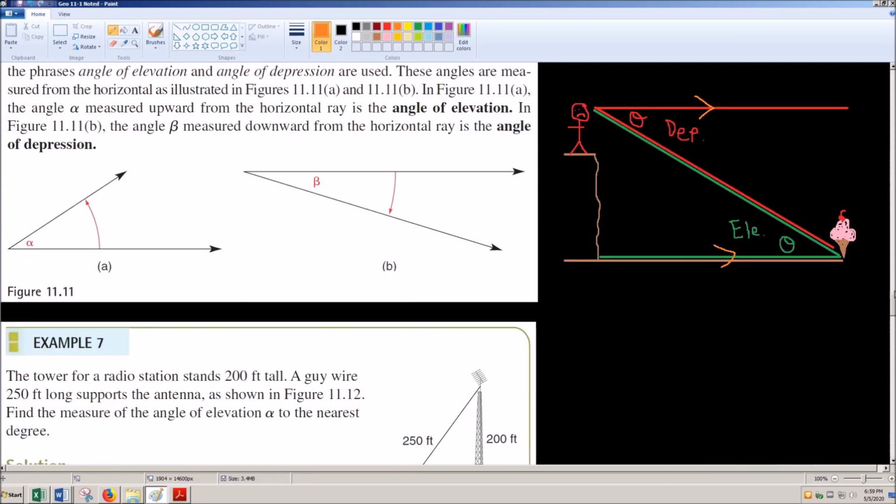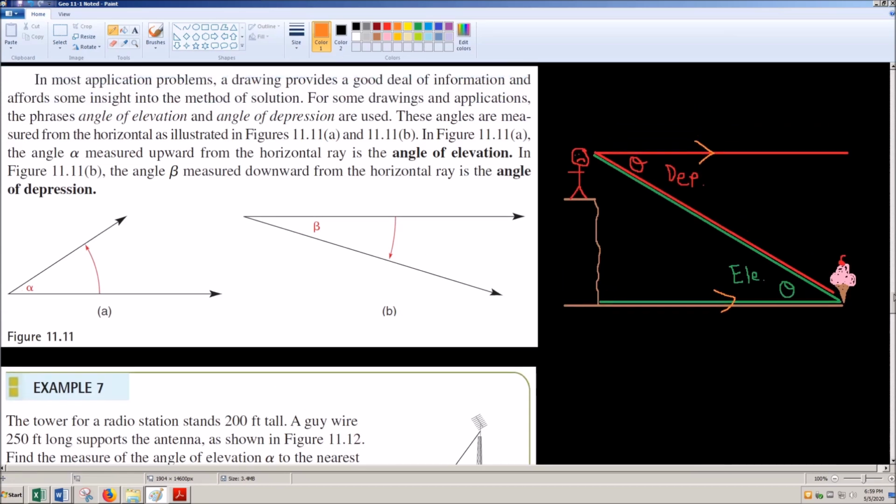Here is just me really flexing my artistic abilities. When we talk about trig stuff, we often use these two terms. One is angle of elevation, and the second is angle of depression. Angle of elevation is when we have a baseline, like the ground here, and then the angle which is created looking up at a certain point.